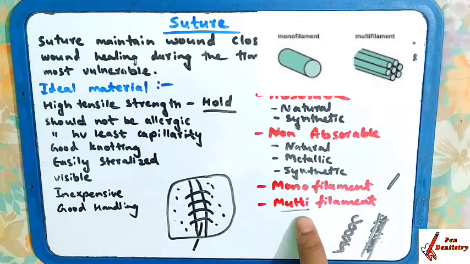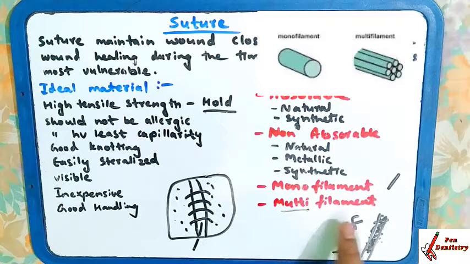Here, as I have told you, is the multiple or braided type. This multifilament can harbor bacteria. Colonies of bacteria can grow because the multiple threads are twisted together and there are spaces between the threads.